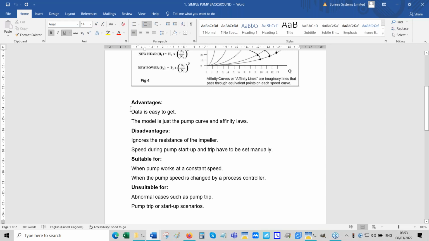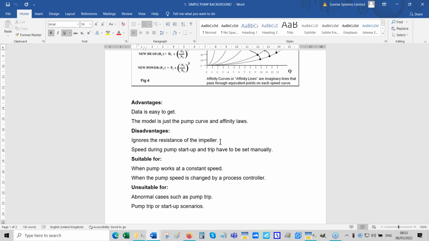The data is easy to get. The disadvantages: it ignores the resistance of the impeller. What do I mean by that? If the pump is stopped, it doesn't mean the delta P across the impeller is zero, because if for some reason there is flow, the pump will actually act just like a turbine if the flow still keeps going through the pump, because the flow will rotate the impeller.